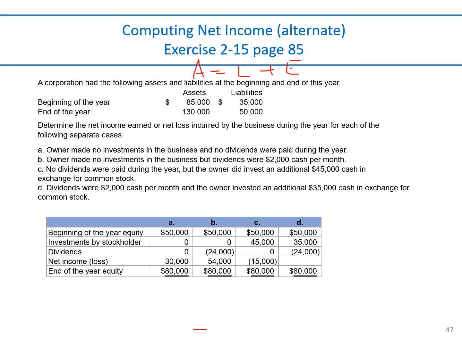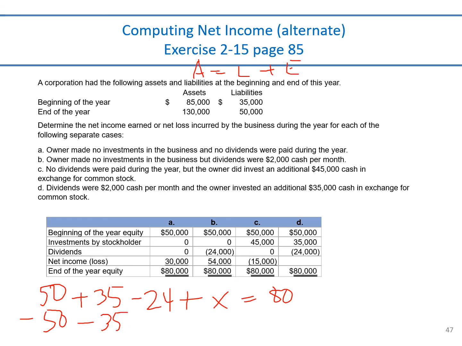All right, so our formula becomes 50 plus 35 minus 24 plus x equals 80, right? So if we subtract 50, we subtract 35, and we add 24 to both sides of our equation, then we end up with x is equal to 80 minus 50 minus 35 plus 24, right?